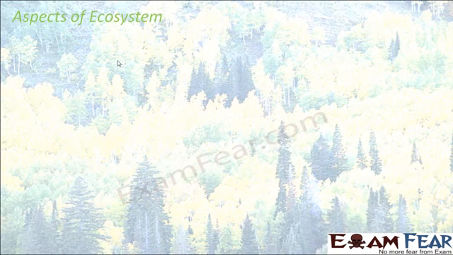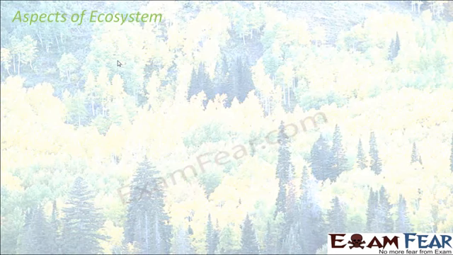So far we have spoken about what is ecosystem, what are the different types of ecosystem and the different components of ecosystem. Now we will talk about some of the important aspects of ecosystem. It is not only about the components or the types of ecosystem that is important, it is also important how exactly ecosystem plays an important role in this universe.